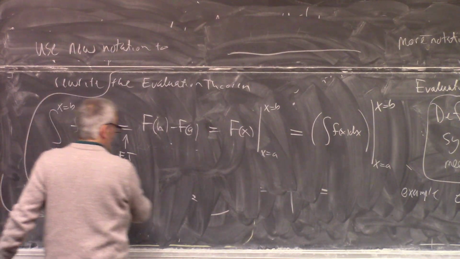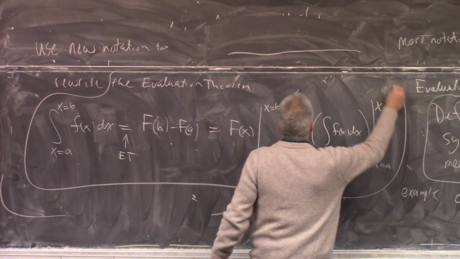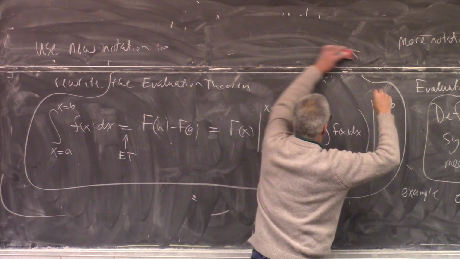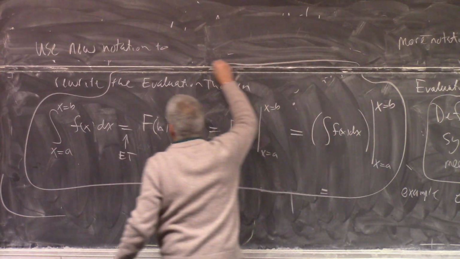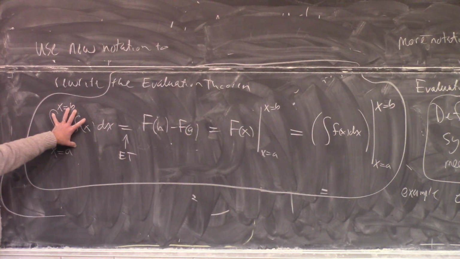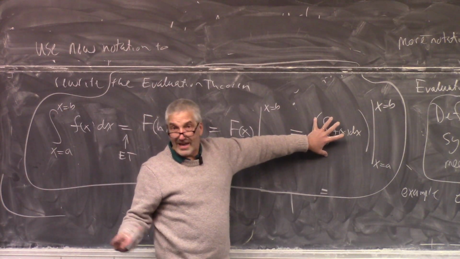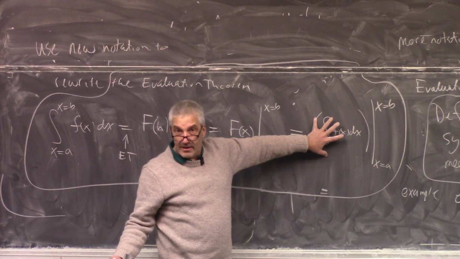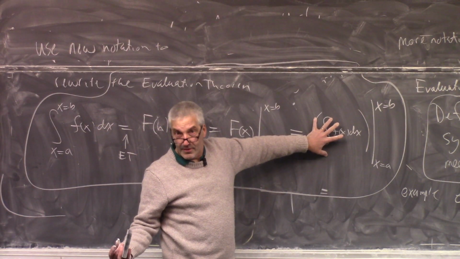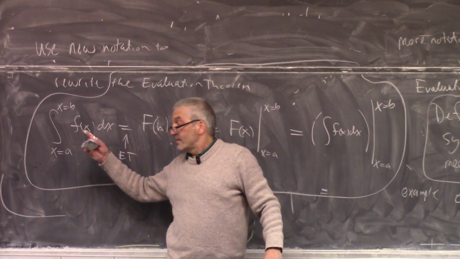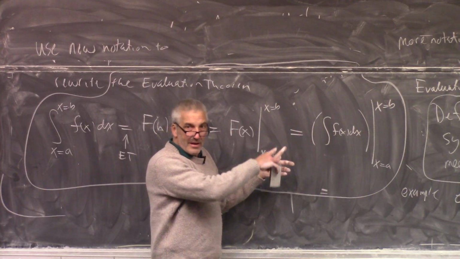So the evaluation theorem actually is a theorem that is a relationship between this symbol, which is definite integrals, which is about area, and this symbol, which is a calculation involving indefinite integrals or antiderivatives. It expresses the relationship between definite integrals and indefinite integrals.